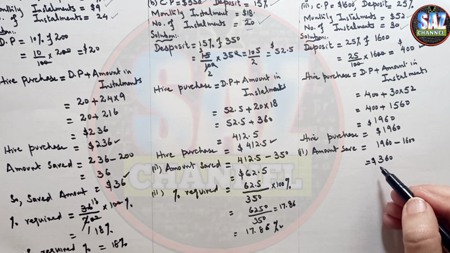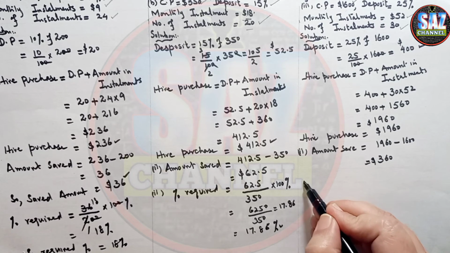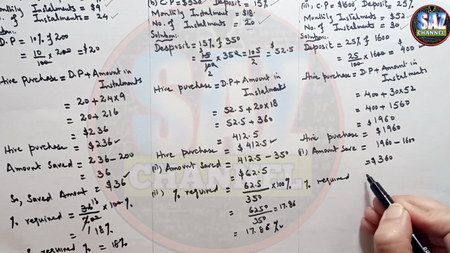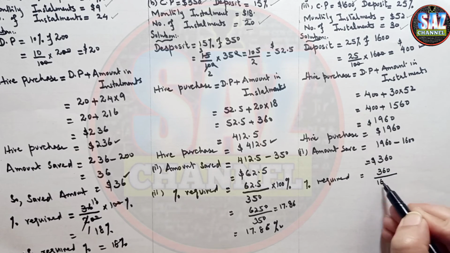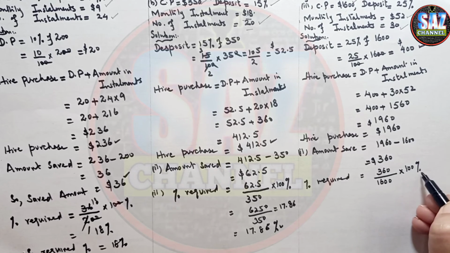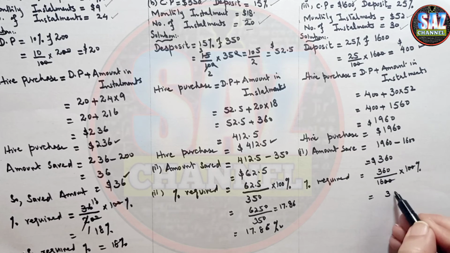Okay, and the next part says we have to find the percentage. So the percentage required will be equal to 360 upon actual cash price 1,600 multiplied by 100%. These two zeros will go, and I will be left with 360 by 16.